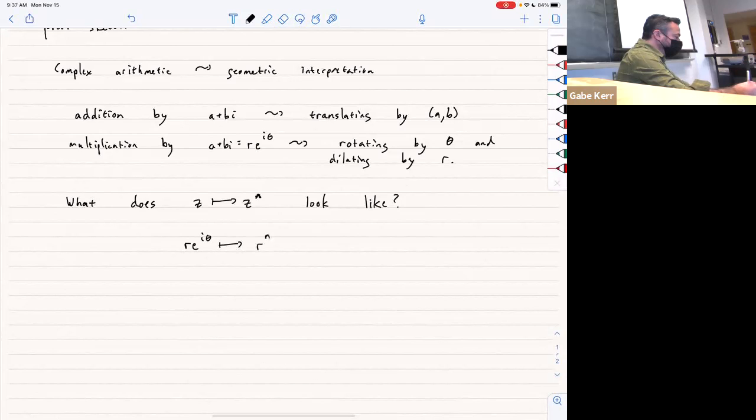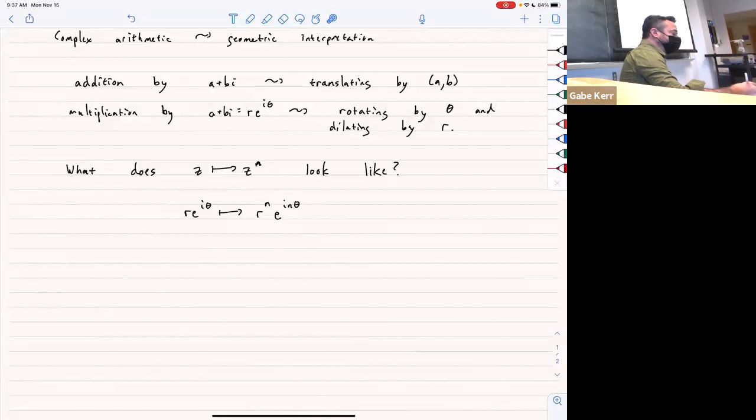It's r to the n, so the factor out front goes to the power n, and we have e to the i n theta. What I was saying about theta being between 0 and 2 pi is that if theta is, say, pi and n is 100, now you've got 100 times pi. So now you're outside of that usual polar framework. It's okay, you can go far. You can do what you want.